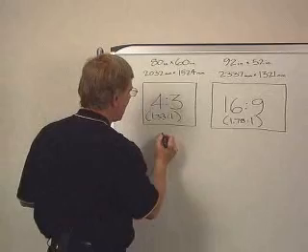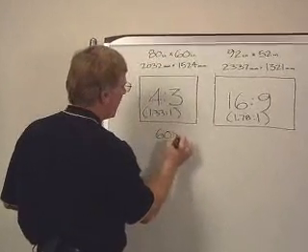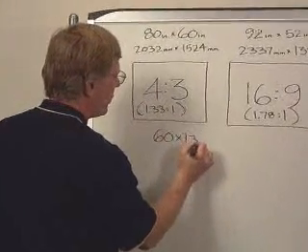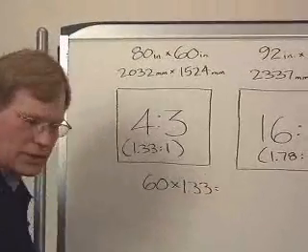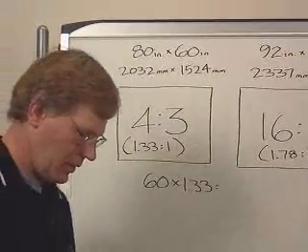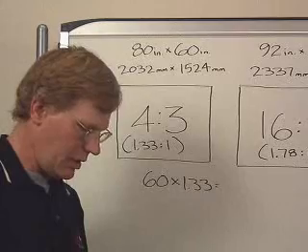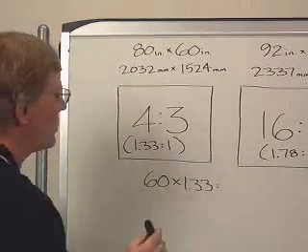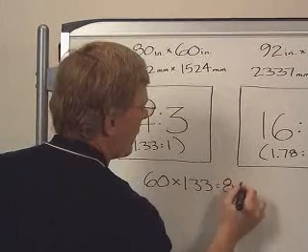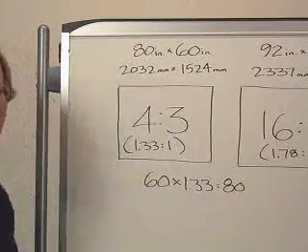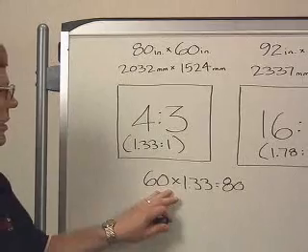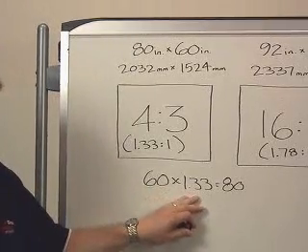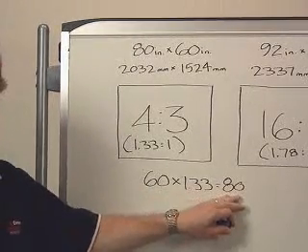I can simply take that height and multiply it times 1.33. Take our calculator, 60 times 1.33, and round it up is 80. So that's been able to give me my width, just taking 60 multiplied times 1.33.